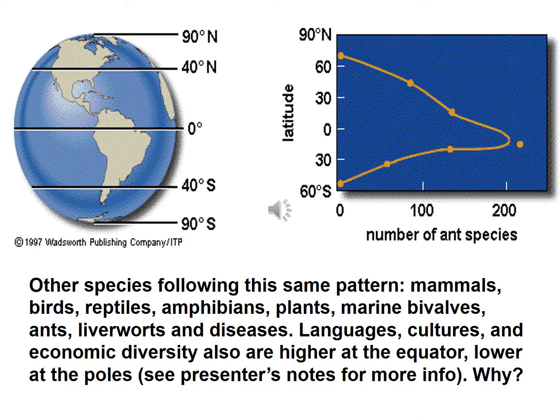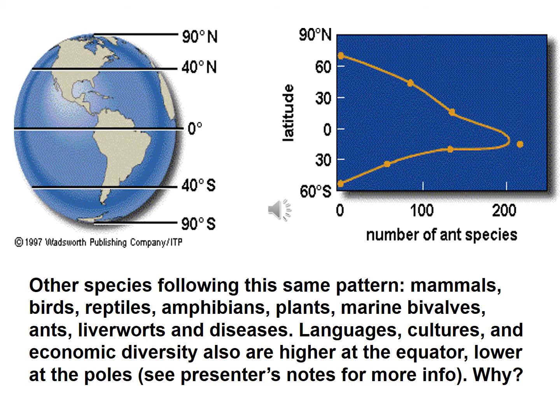Species diversity is also influenced by climate, and you can see that with the latitudinal gradient of biodiversity. Around the equator is where we have the highest diversity of species: mammals, birds, reptiles, amphibians, plants, marine bivalves, ants.